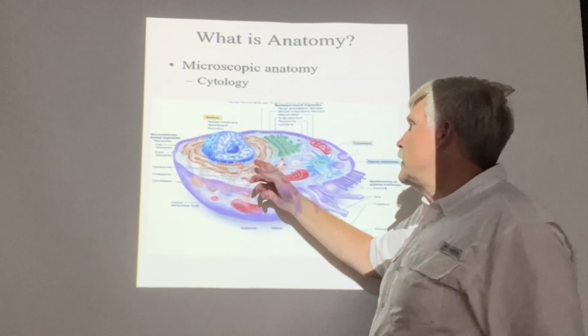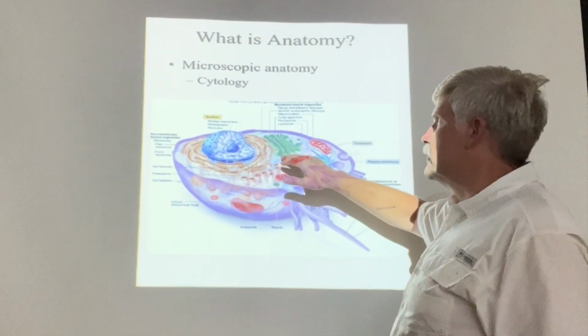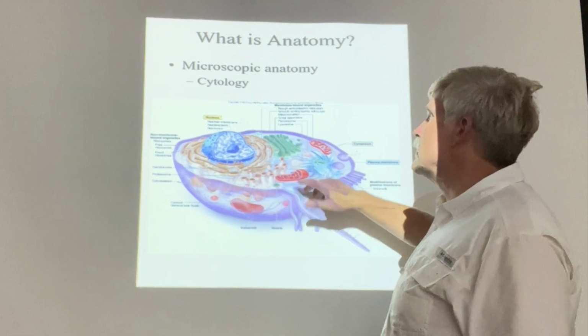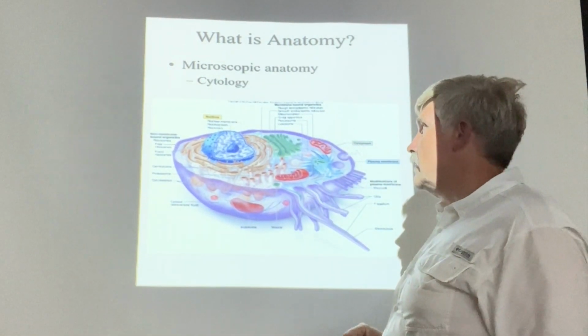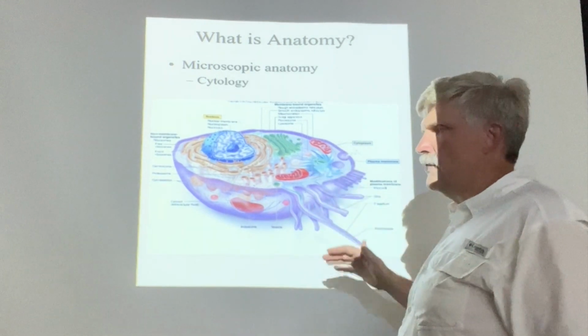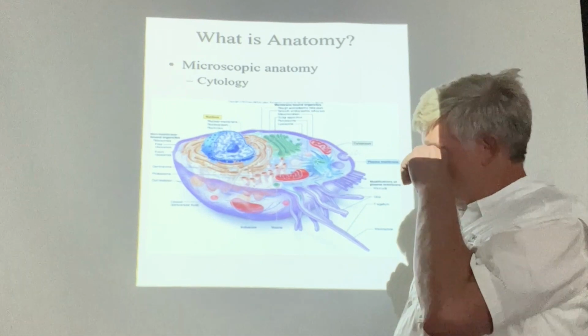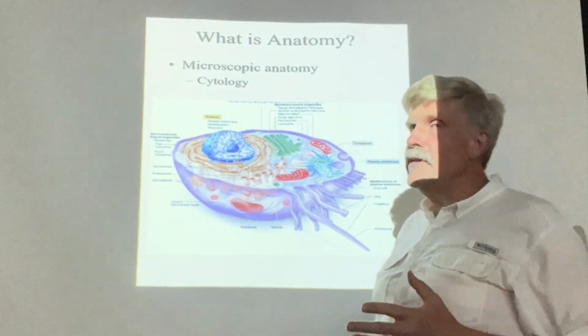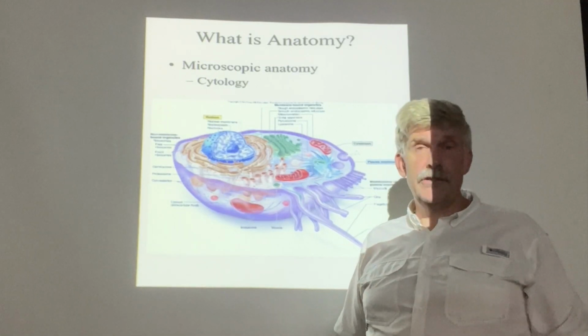This is going to be packaging and delivering the materials that are created by the cell to either different areas within the cell, or they'll be exported out of the cell and will follow different pathways to adjacent cells or maybe even different areas of the body. So that's cytology, and that's going to be primarily chapter 2.